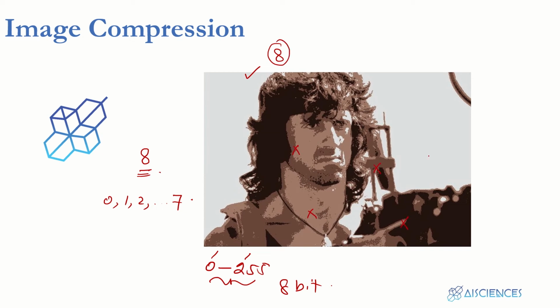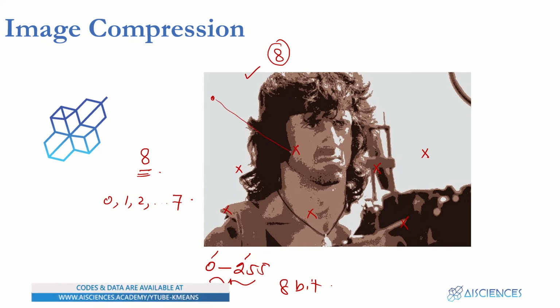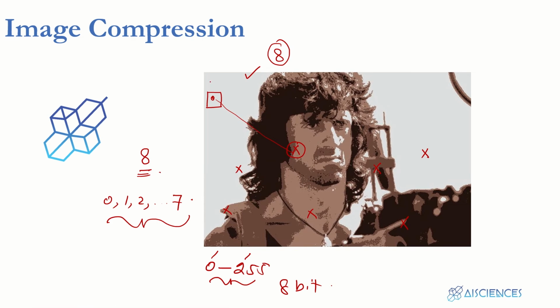Obviously, those centers are found in color space, in intensity space. And then pick each color and see what is the closest center to it. Whatever the closest center is, assign this particular pixel that color, which is the color of the centroid. In that way, at the end of the clustering, each pixel will have the color of its center, and we have only 8 centers. So at the end, we will have only 8 gray levels. And this is one form of image compression, sometimes known as color quantization.